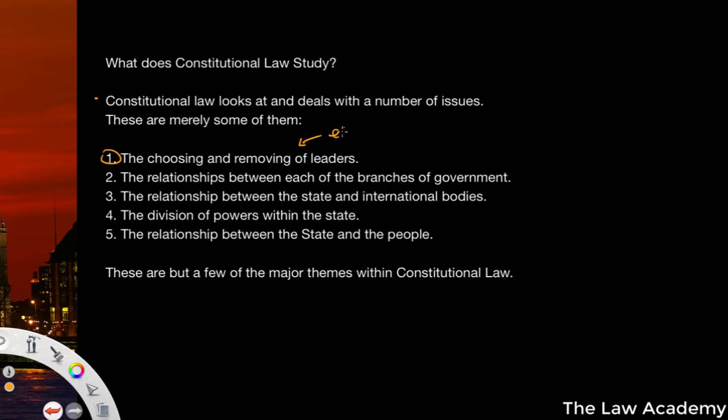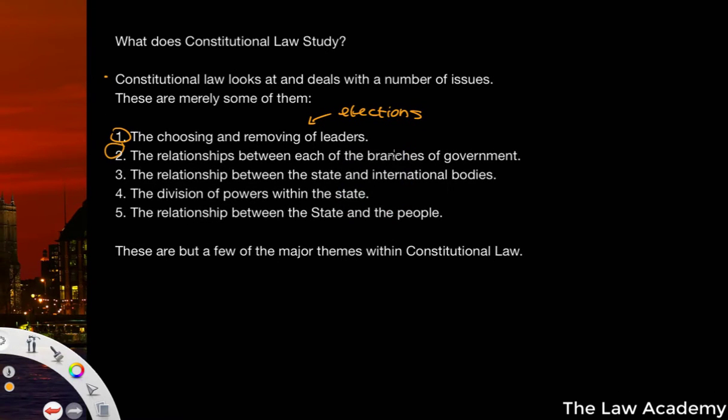Another is the relationship between the branches of government, so things like the relationship between the government and Parliament. Or if we're talking about the United States, notice that in these early introductory lessons we'll be comparing quite closely with the United States, because they are almost polar opposite in terms of the nature of the Constitution of the United States and the United Kingdom, that it's very good to compare the two.